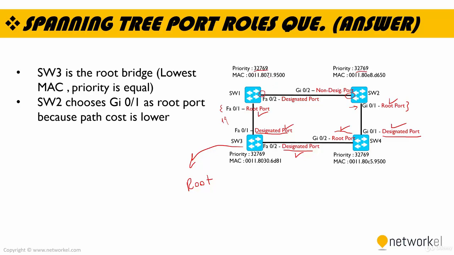Secondly, I'm comparing their MAC addresses. The lowest MAC address will not be blocked. As you can see in the picture, switch 1 has the lower MAC address. Because of that, fast Ethernet 0/2 of switch 1 will be the designated port, and this port of switch 2, gig 0/2, will be the non-designated and blocked port.